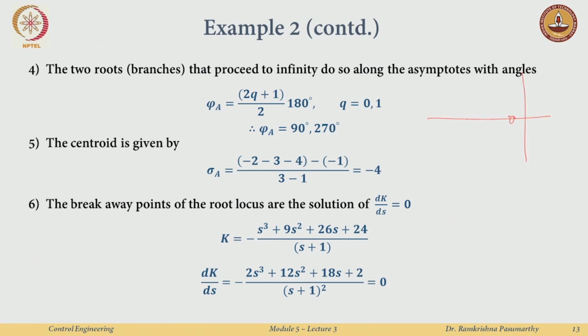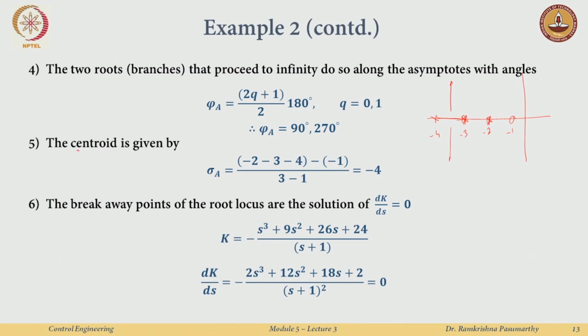I have a zero here, at minus 1, and these are all poles at minus 2, minus 3 and minus 4. Whatever they do in between, they will go to infinity at these angles, 90 and 270.